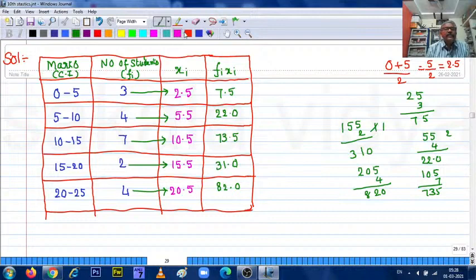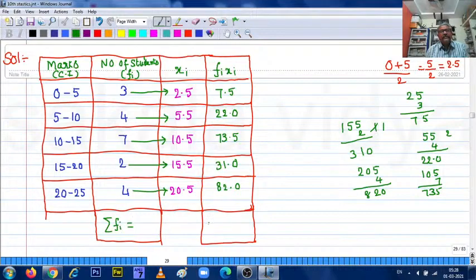Okay, now just extend this box and this box also. That means the second column and the last column we need to extend. Here we write sigma fi, the sum of the total frequencies, and sigma fi xi.